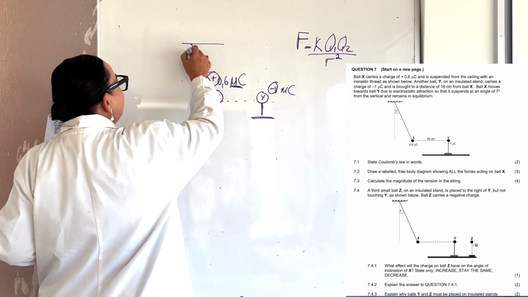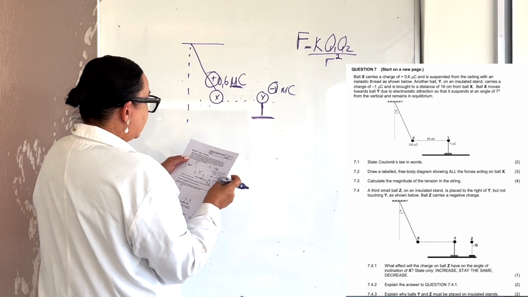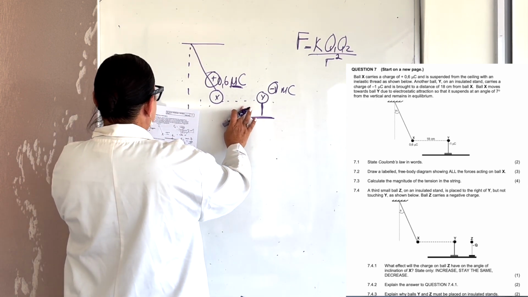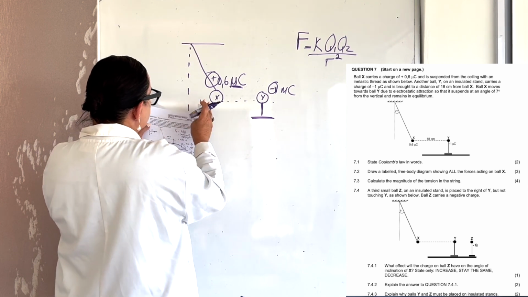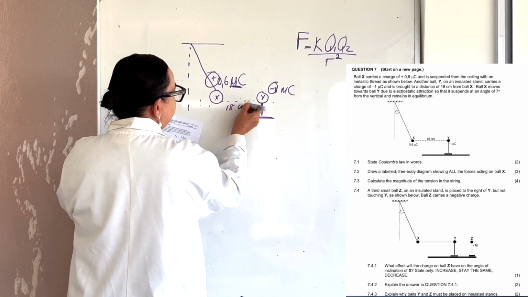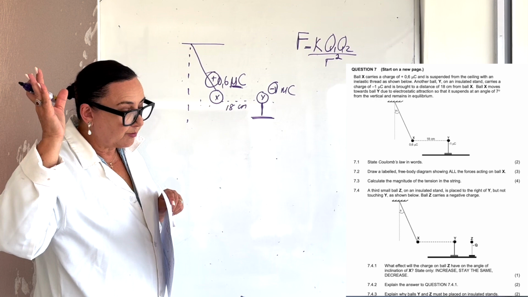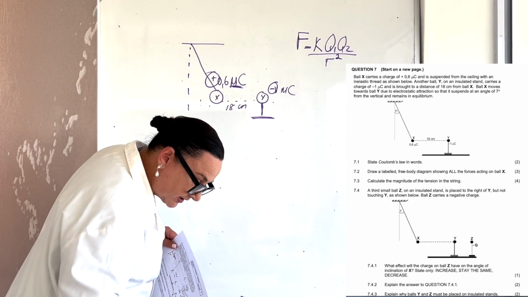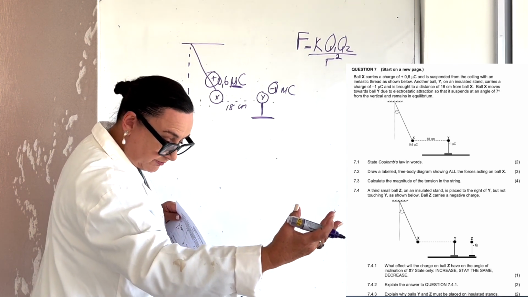And they do give me here the angle, let's just see. Oh yeah, they also give me that Y and X are brought to a distance of 18 centimeters apart. Now 18 centimeters, my alarm bells go off. So let's work that out. 18 centimeters divided by 100 to take centimeters to meters.